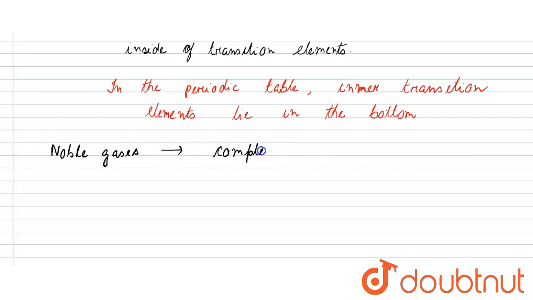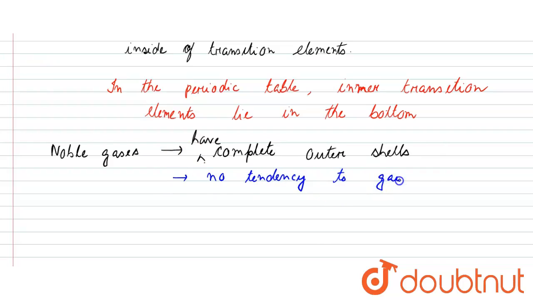They have complete outer shells, and therefore there is no tendency to gain or lose or share electrons, as their outer shell is already complete.